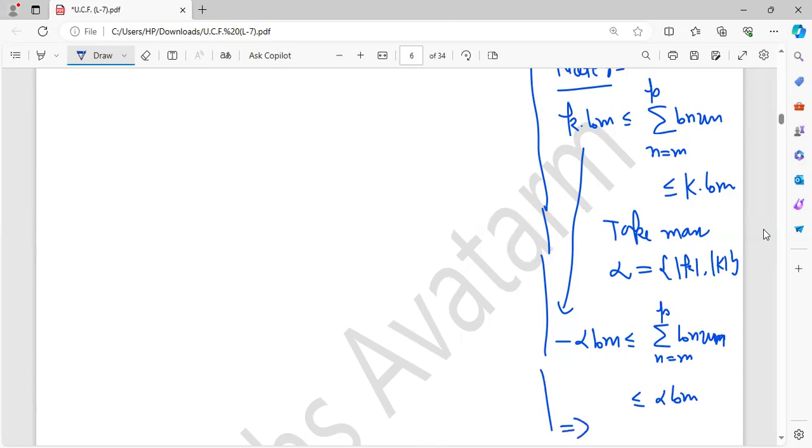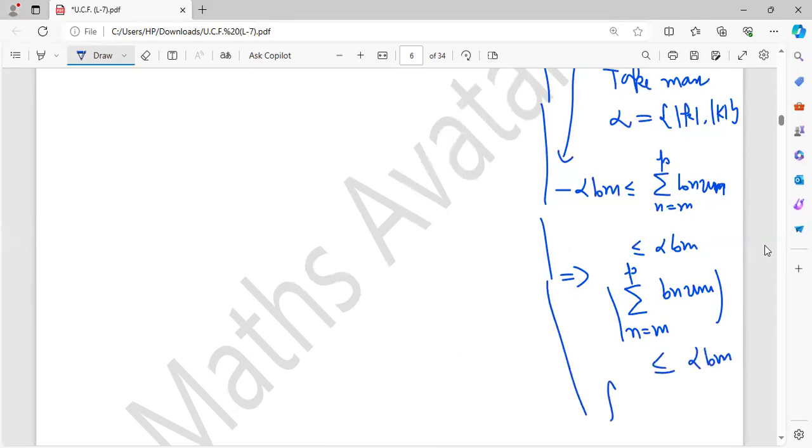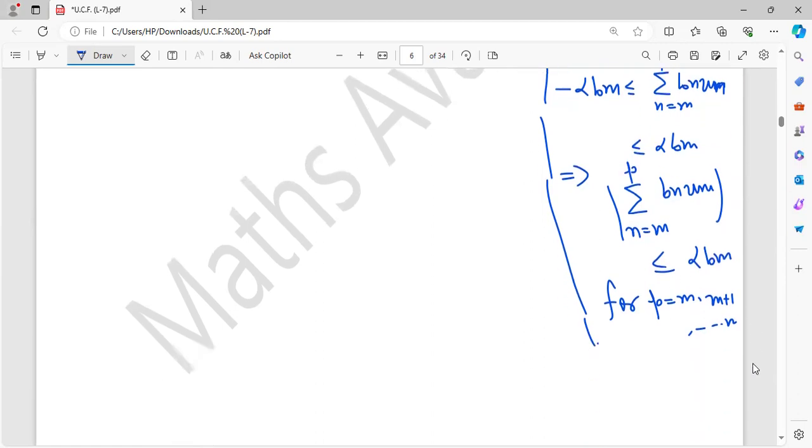So it means the absolute value of the summation n goes from m to p of b n u n will be less than or equal to alpha times b m. But this is true for p going from m plus 1 up to n, so the maximum will be less than this.